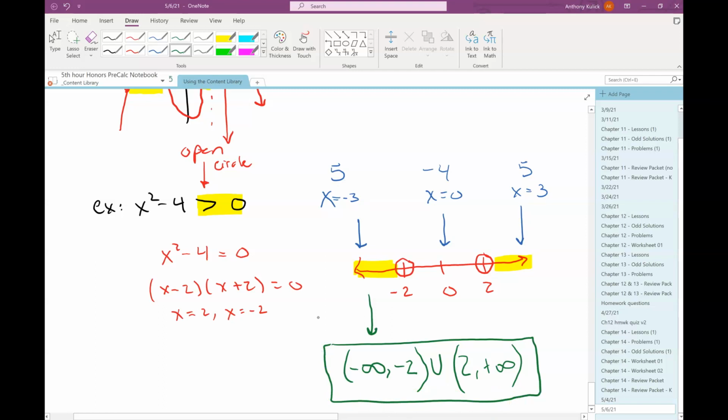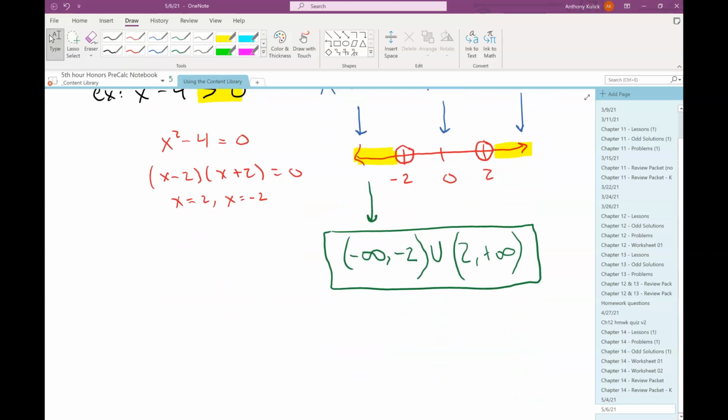And that's my solution set. Is everybody okay with what I did there to get to that? We're going to do several more examples, so don't worry if you're still a little hesitant about this. I think I'll do 3 more examples here, because there are weird things that we have to make sure we're being careful about.